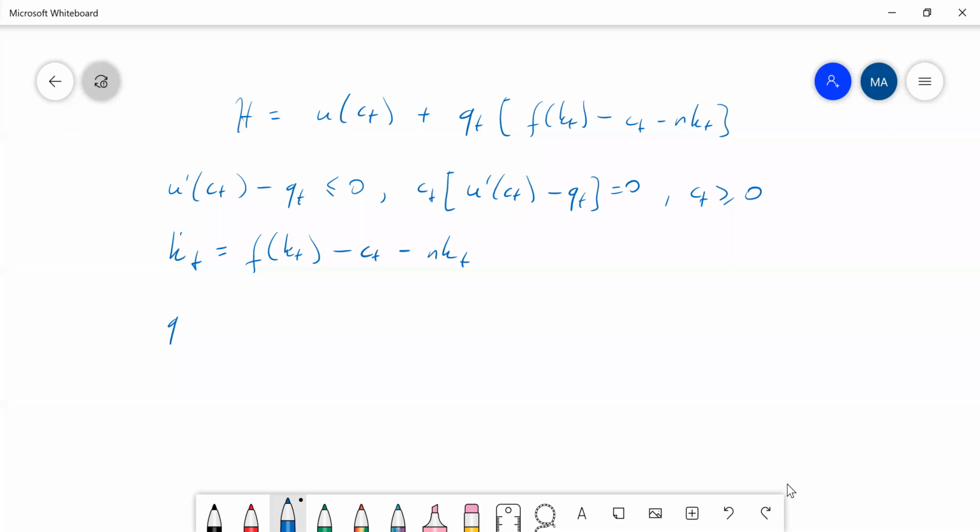Then we have q dot(t) minus rho q(t) equals minus the derivative of the Hamiltonian with respect to k(t). So this is equal to, how do you write it? First I have q, then I have f prime(k(t)) minus n.